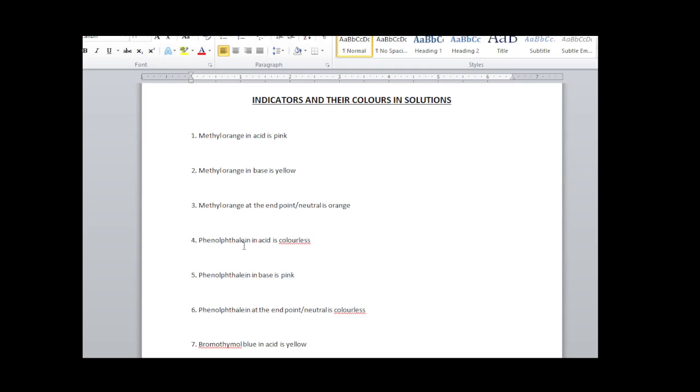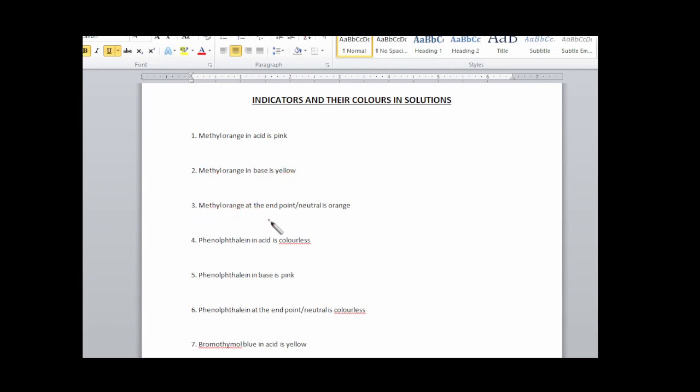So now, what is the reaction that is formed when we use methyl orange in acid? The resultant coloration, the change in color that is given, is going to be pink. When you drop methyl orange as an indicator into an acid, what you get is a pink color. But when methyl orange is dropped in a base, what you get is yellow.